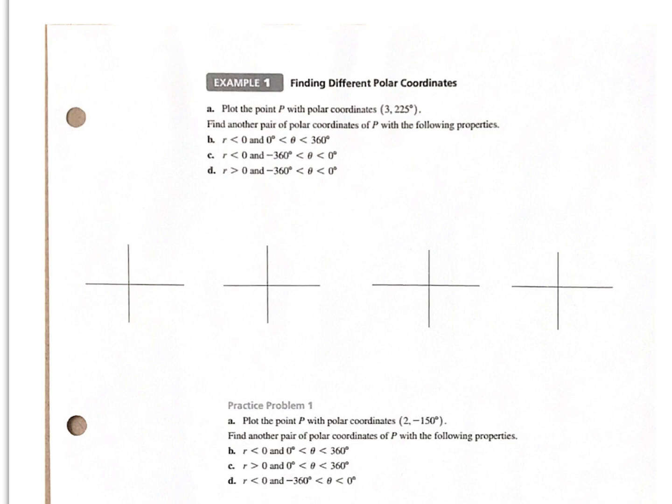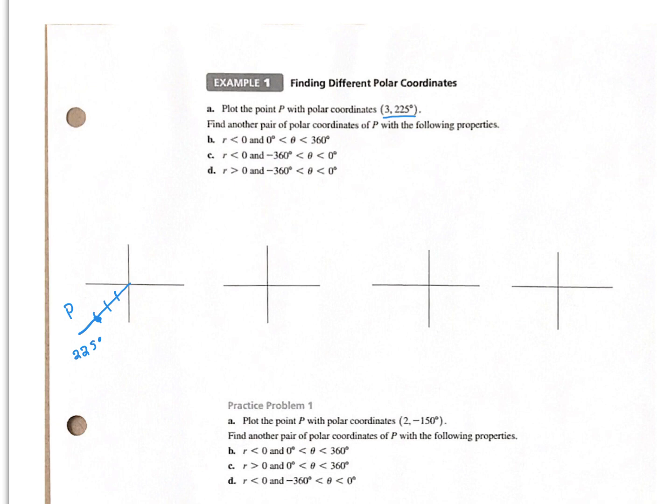For 3, 225, the 225 goes out in this direction, and to show the 3, we would draw 3 little hash marks there and label our point P. If you wanted to put a little 225 out here, you could, you don't need to, but it helps you keep track of where that would be.